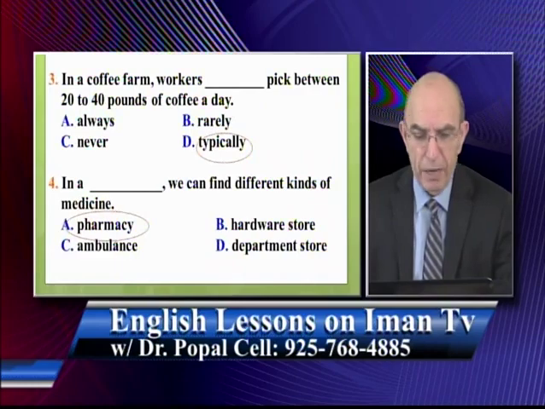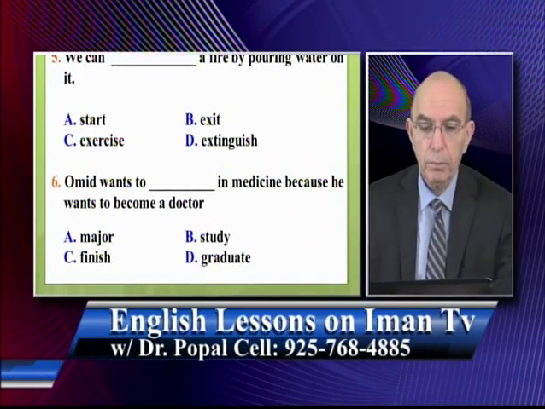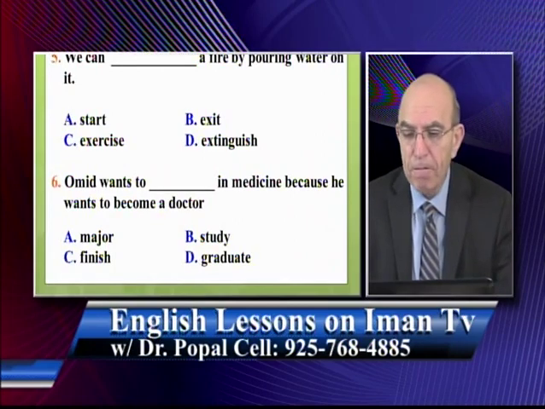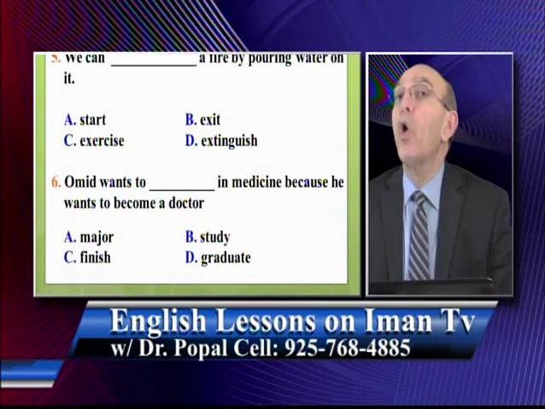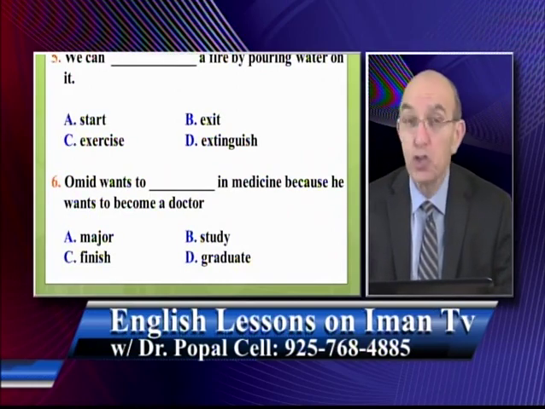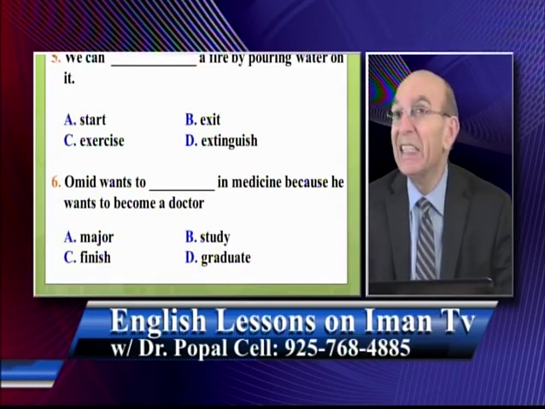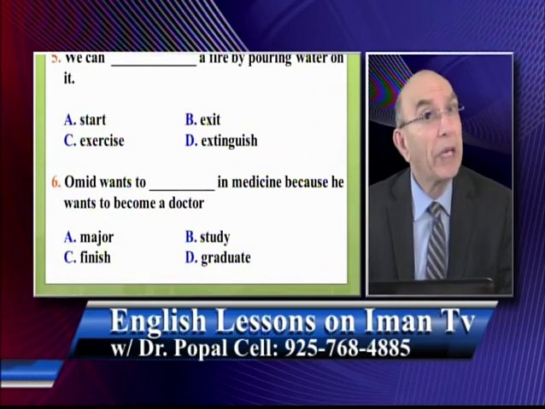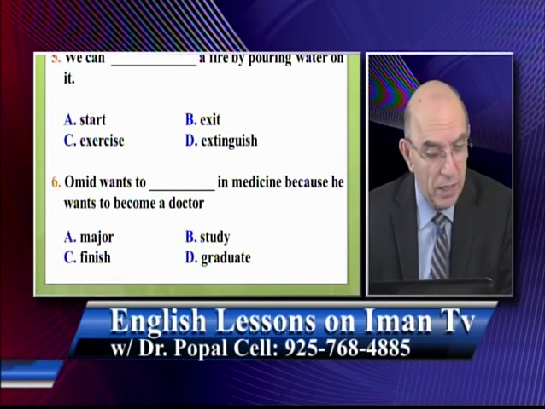Question number 5. We can blank a fire by pouring water on it. We can do what? A, start. B, exit. C, exercise. D, extinguish. Which one is the correct answer? We can what?